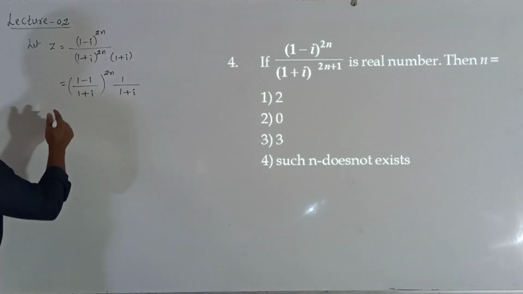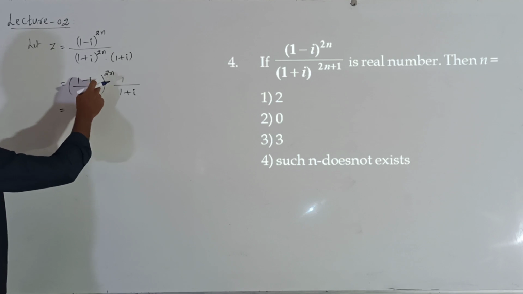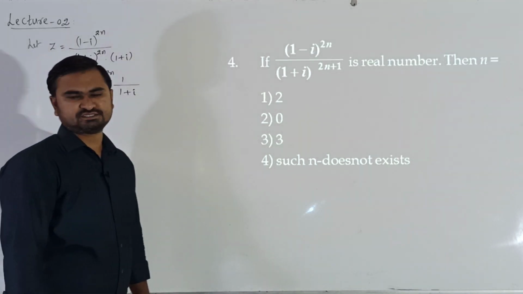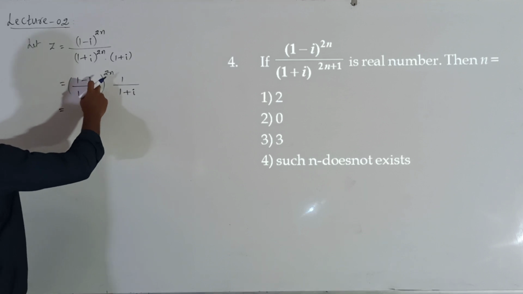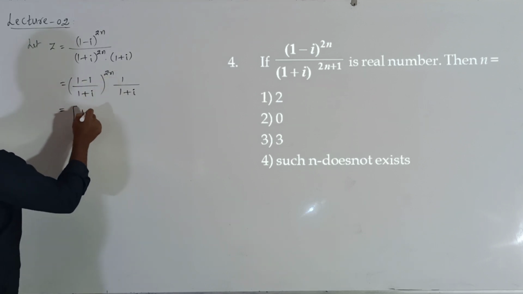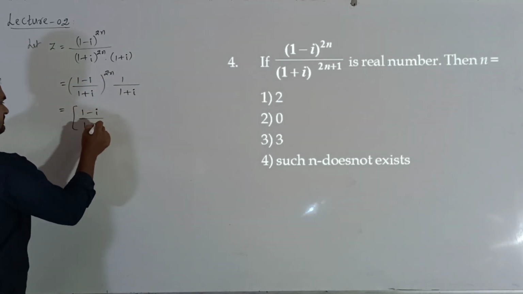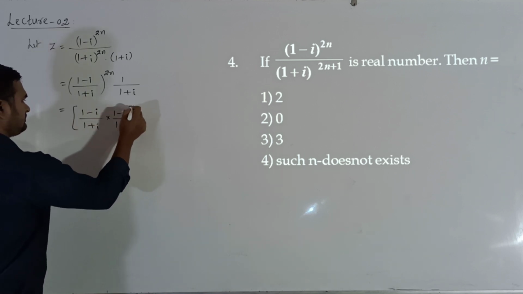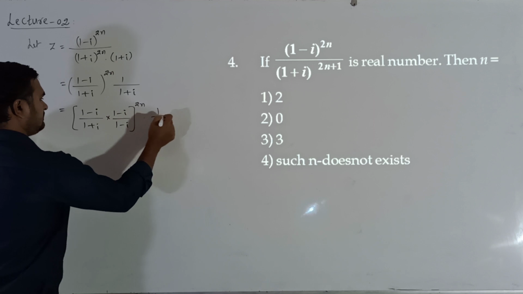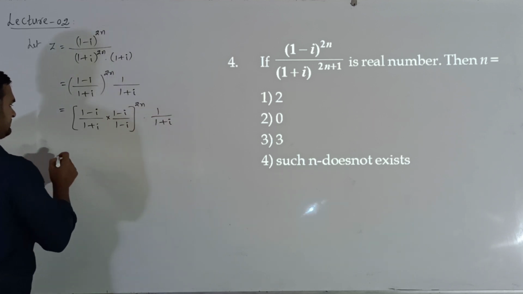Okay. Now to simplify this type of question, we discussed in the objective, in the PU part, rationalize the denominator. So 1 minus i divided by 1 plus i, we multiply and divide by 1 minus i, whole to the power of 2n into 1 by 1 plus i.